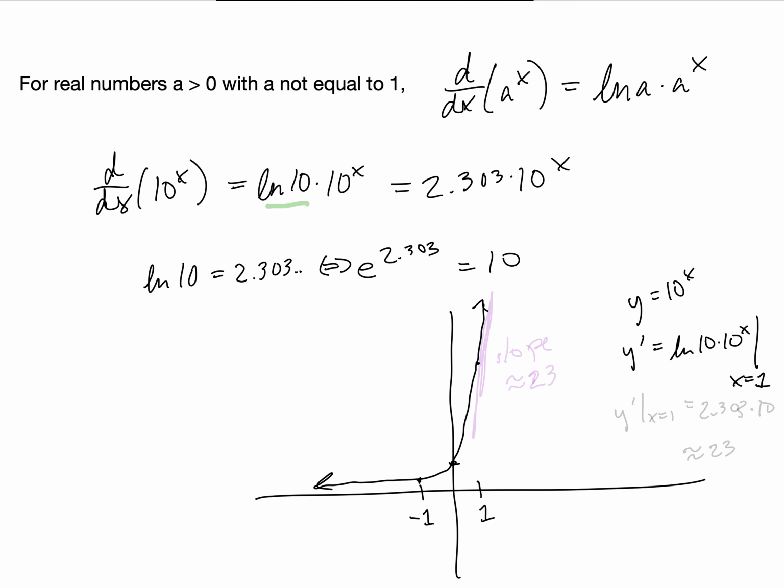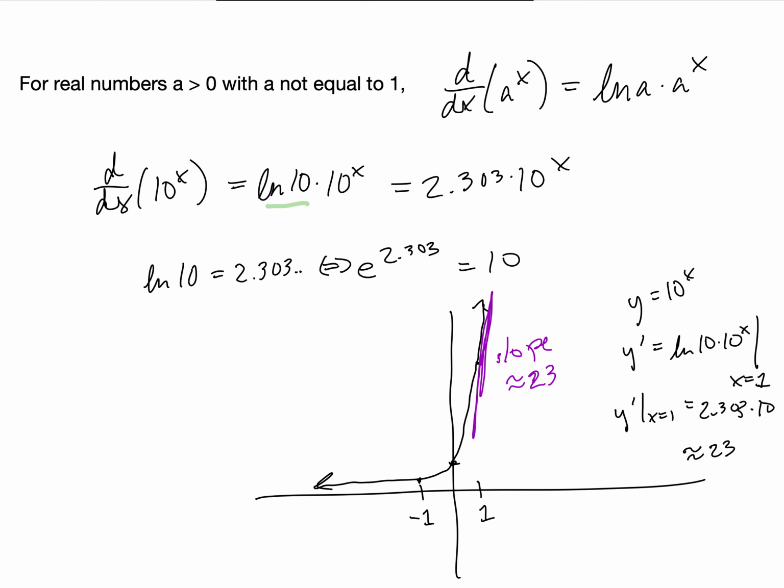Then y prime at x equals 1 would be the natural log of 10, 2.303, times 10 to the 1, times 10, so about 23. That's saying that the slope of the curve at x equals 1 is approximately 23, a pretty large positive slope.